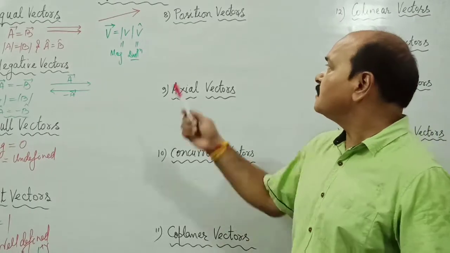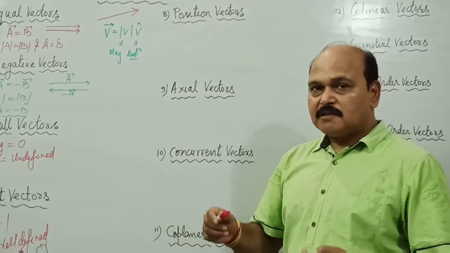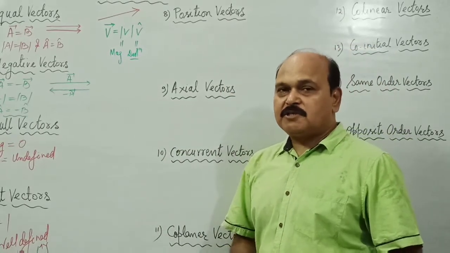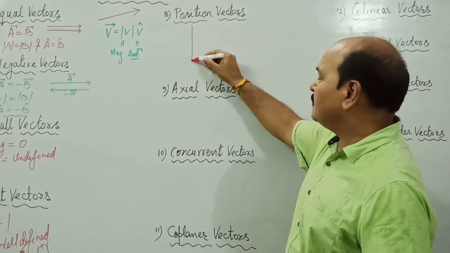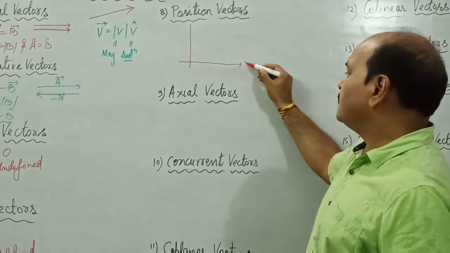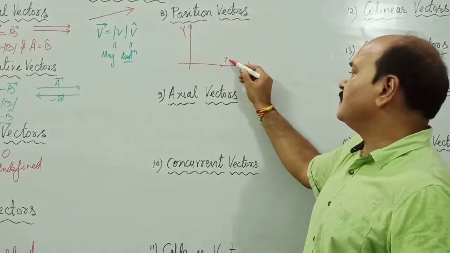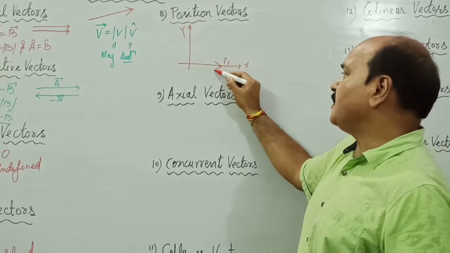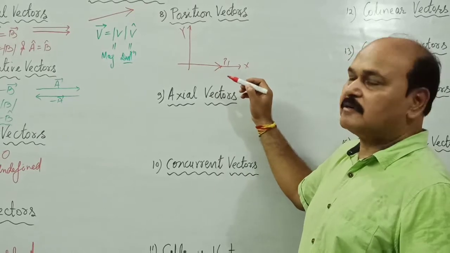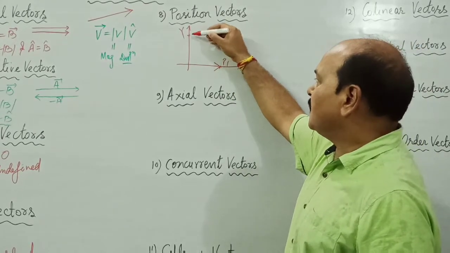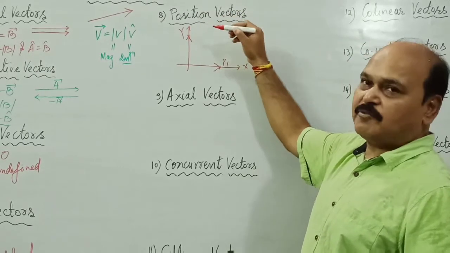Position vectors, as obvious from the name itself, are those vectors which express the position of a point in space. Suppose this is the xy plane, this is the x-axis, this is the y-axis, and if we have a point P1 here and make an arrow joining this point, this is the position vector of this particular point.